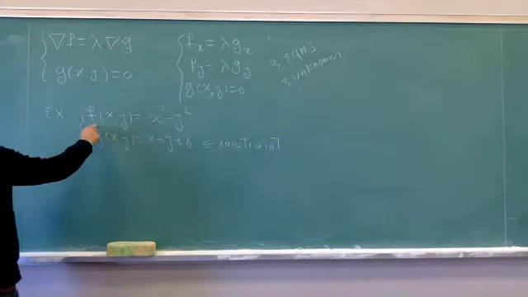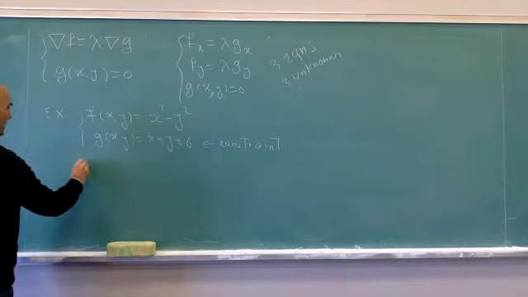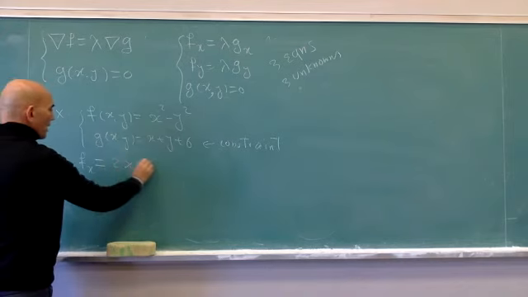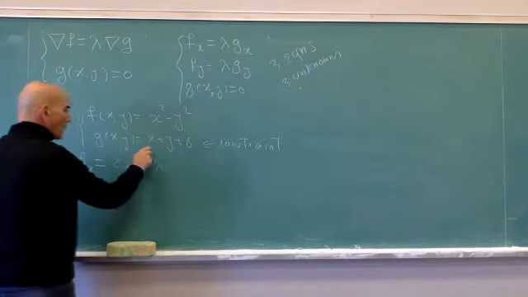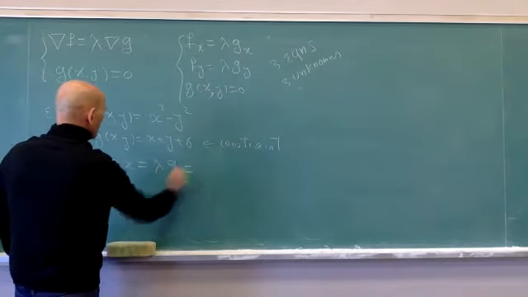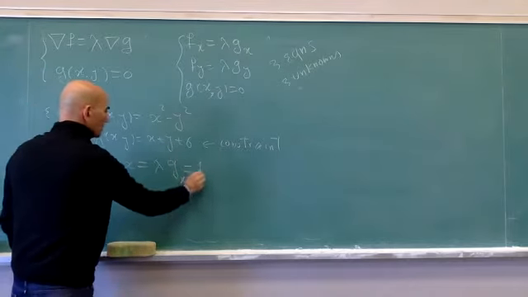So the equations then are: fx is equal to 2x, and it has to be lambda times gx, which is just 1.